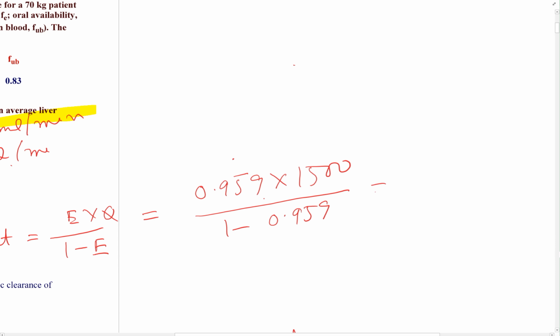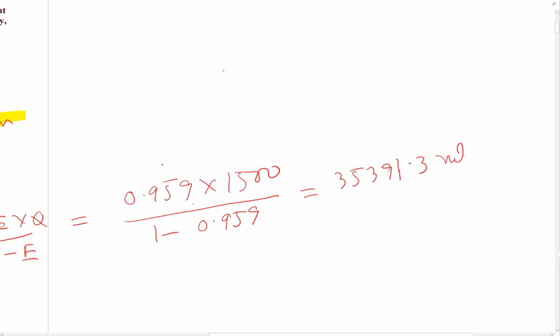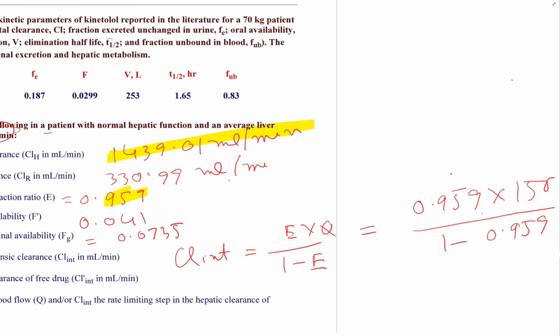This is going to give us a value of 35391.3 milliliter per minute. So this would be your hepatic intrinsic clearance.